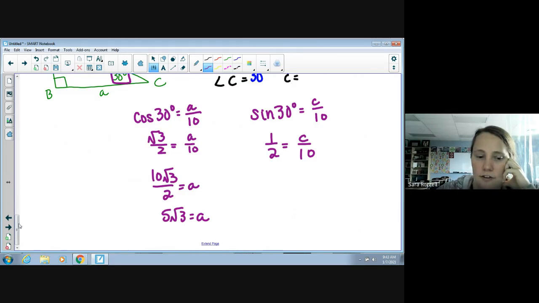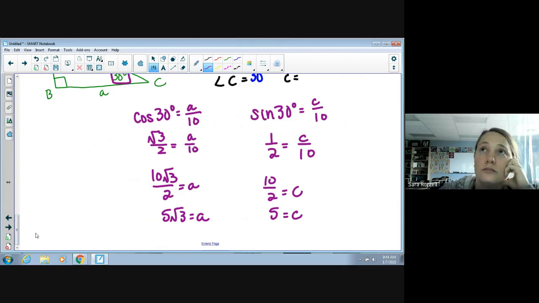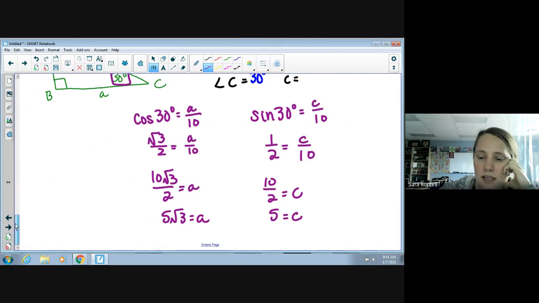So A is 5 root 3. And then multiply by 10 on the other side. That would be 10 over 2, which is C, and that is just 5. So A is 5 root 3, and C is 5.